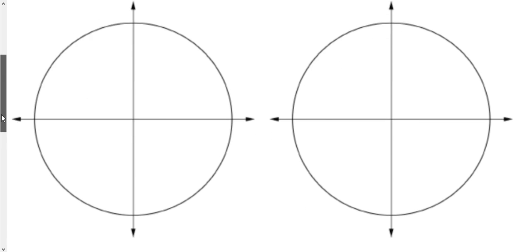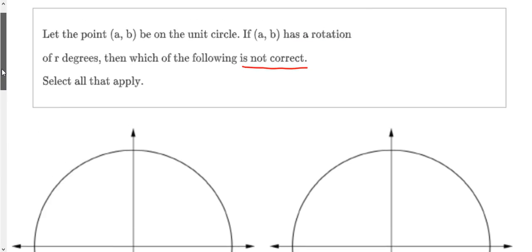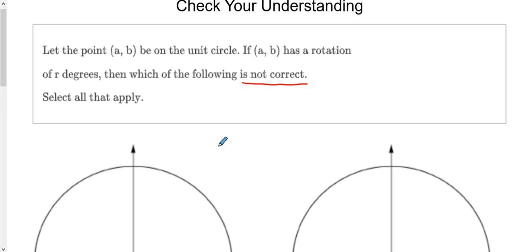As you start looking through the questions, sometimes they'll give you a ratio like sine, and it'll tell you sine of r equals, and you're going to say, well, that might be equal to a, right? Or sine of r is equal to negative a. Just remember, when you are rotating in a positive direction, these are positive.